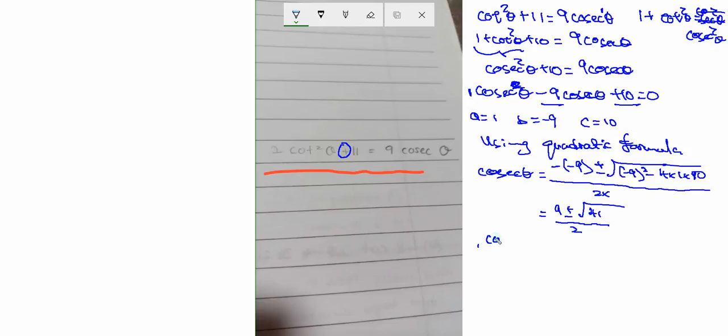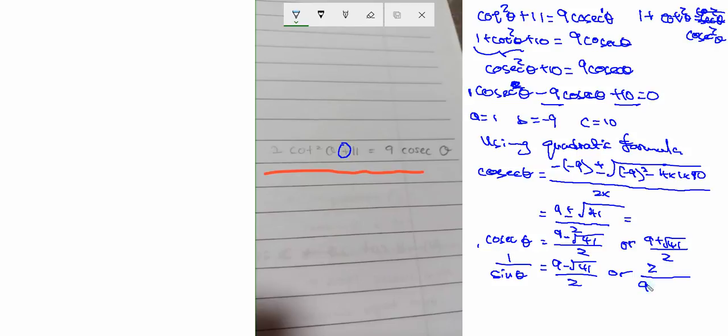Therefore cosecant theta is equal to 9 minus square root 41 over 2, and the other one is 9 plus square root 41 over 2.